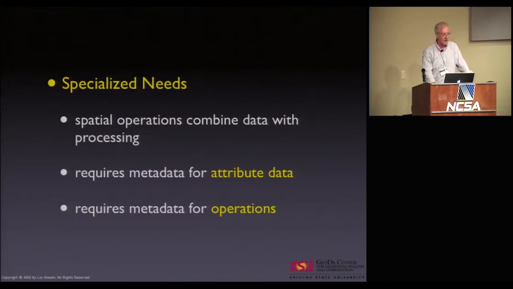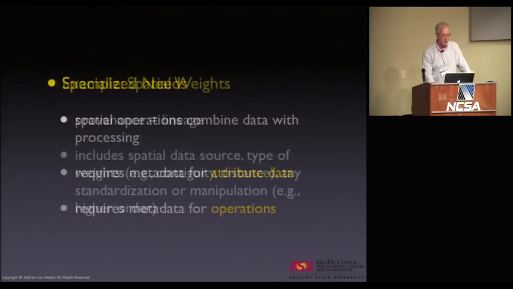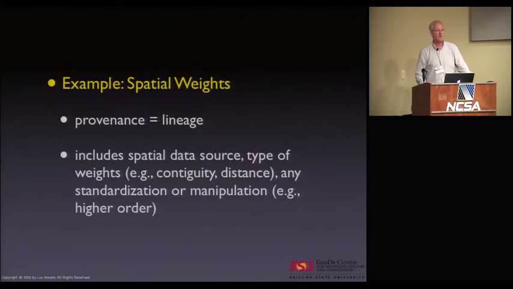The first part, the attribute data, is fairly well understood, and there are solutions for this. The second part, much less so. And just to give you an example, spatial weights are a way to formalize a neighbor structure in a spatial data set.